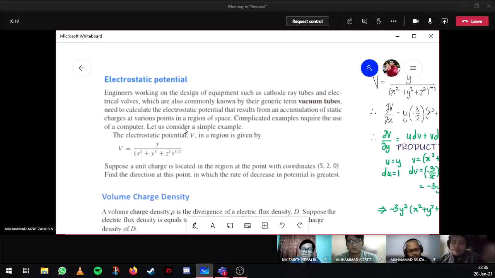Now let us consider a simple example. The electrostatic potential V in a region is given by V equals y over (x squared plus y squared plus z squared) to the power of 3 over 2. Suppose a unit charge is located in the region at the point with coordinates (5, 2, 0). Find the direction at this point in which the rate of decrease in potential is greatest.